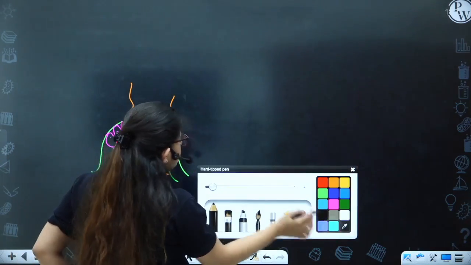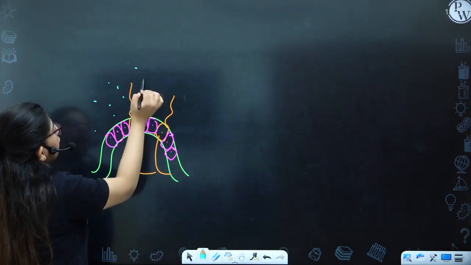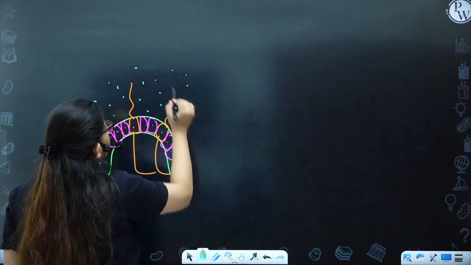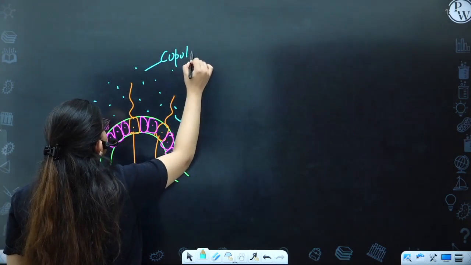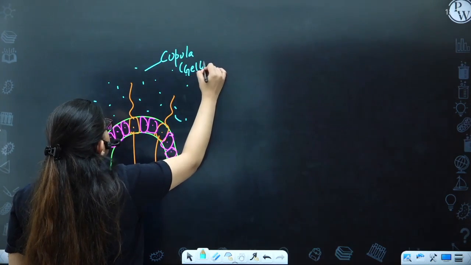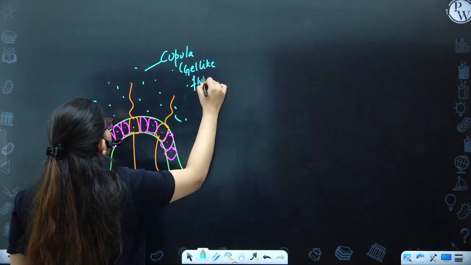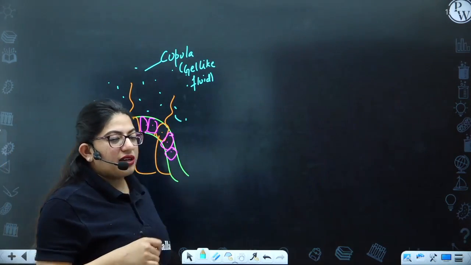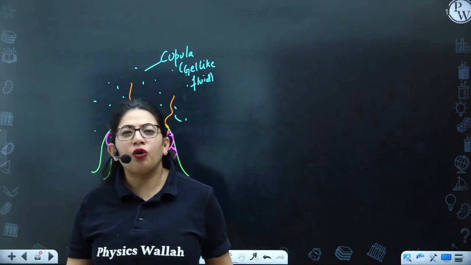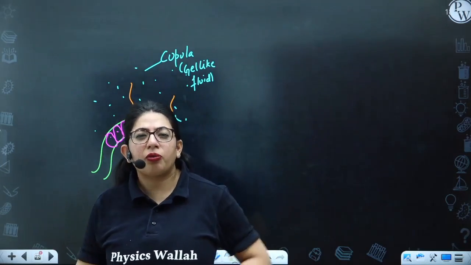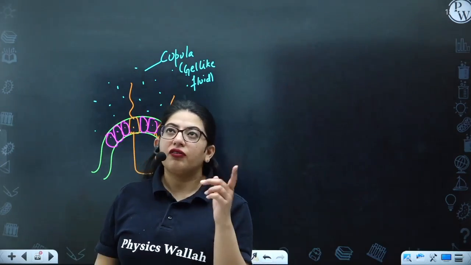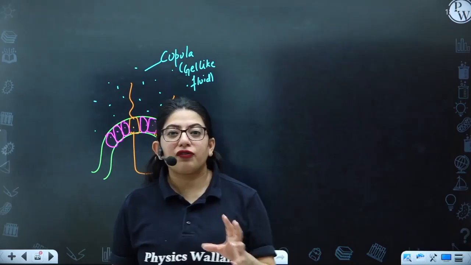And above them is a jelly-like substance known as cupula. What is this cupula? Gel-like. You must have heard in lower classes, or while talking to friends, that when we rotate there is a fluid in our head that rotates, that's why we feel like this. That fluid is your cupula.